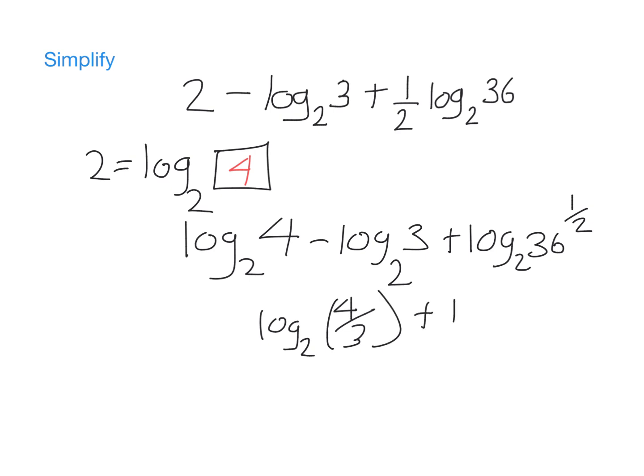Now notice that 36 to the power of a half is simply 6. So I can write it like this. So now I'm adding together two logs of the same base, so I simply keep the same base and I multiply these two together. So 4 over 3 times 6 is 8. I get log 2 of 8.